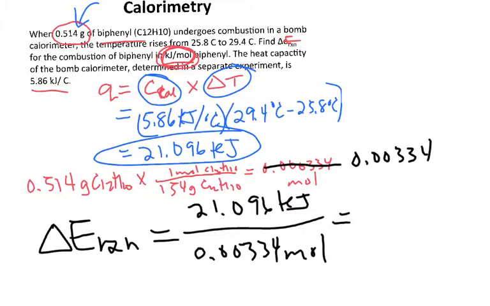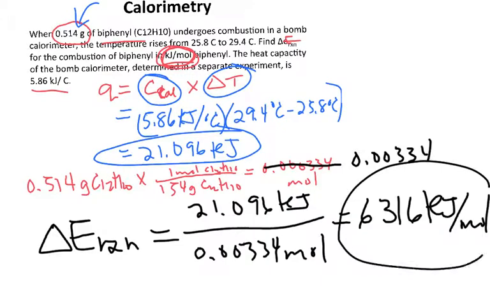If you divide these two, you get 6,316 kilojoules per mole. So that's the change in internal energy for this particular reaction.